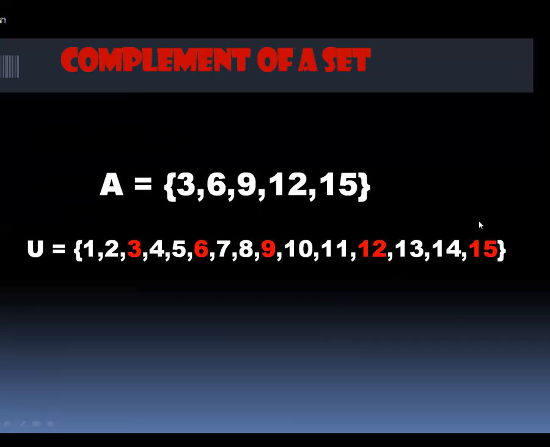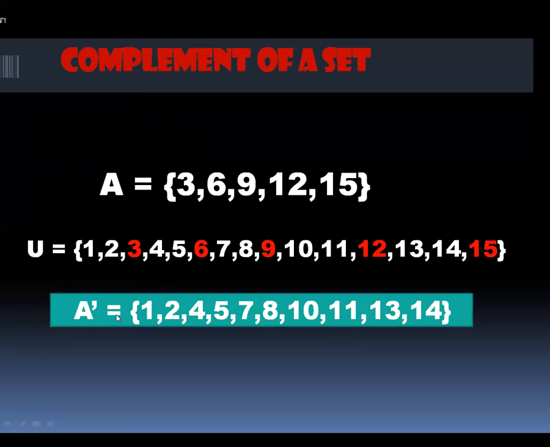These numbers in color red are the elements that are in set A. So complement of set A is equal to, after removing the elements that are in set A, the complement of set A now is equal to 1, 2, 4, 5, 7, 8, 10, 11, 13, and 14.